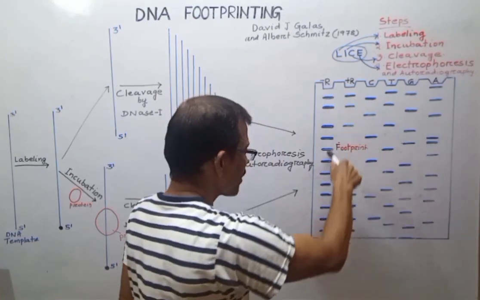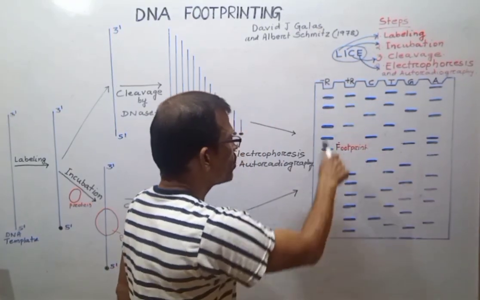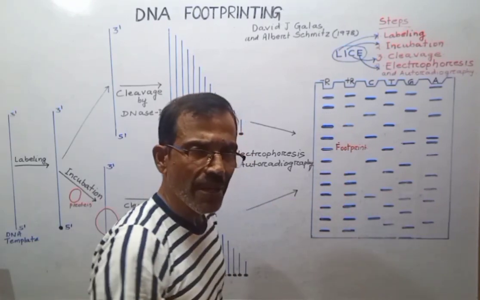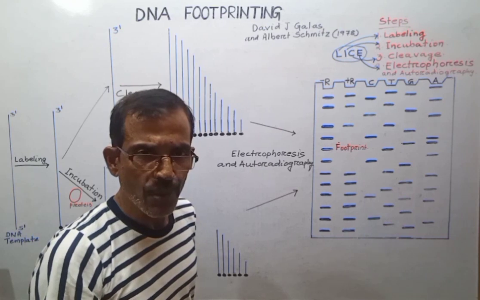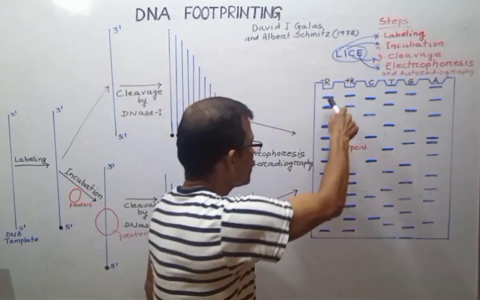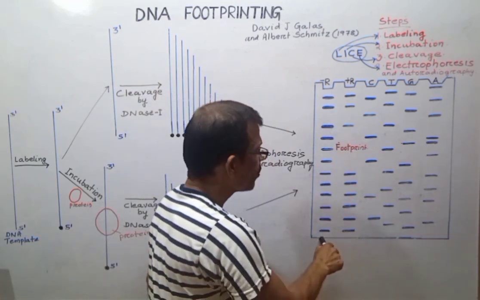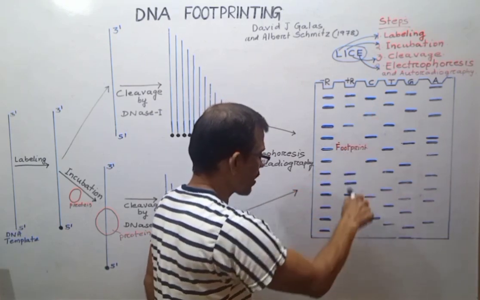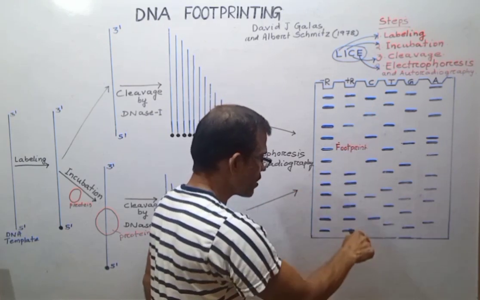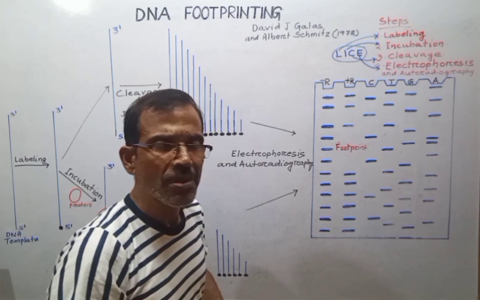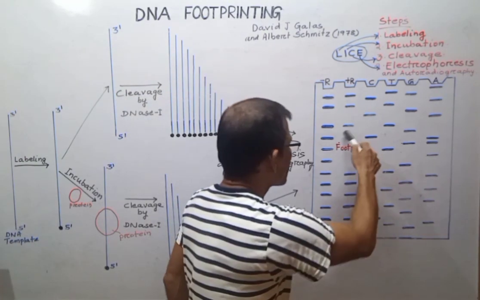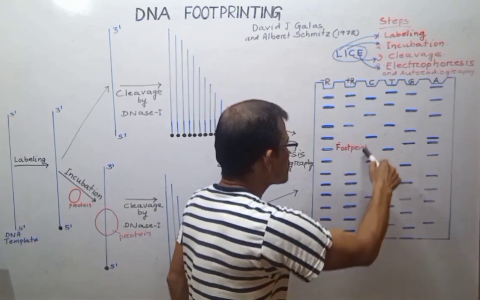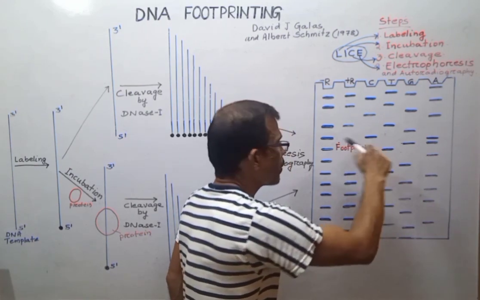The first lane contains the bands which are formed due to the cleavage of the DNA template which is not associated with protein, so there is a continuous ladder. Whereas in the second set of sample which is associated with protein, because the cleavage is interrupted, there will be a gap. This gap is called DNA footprint.